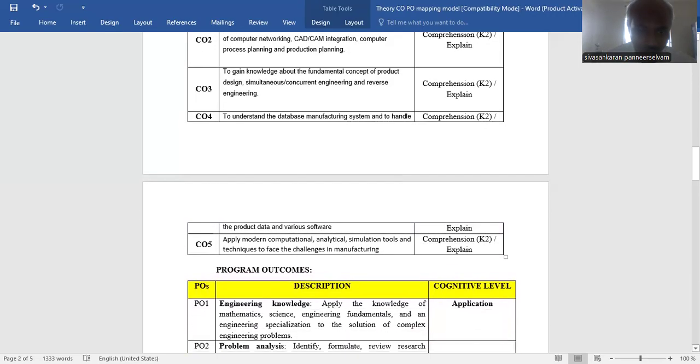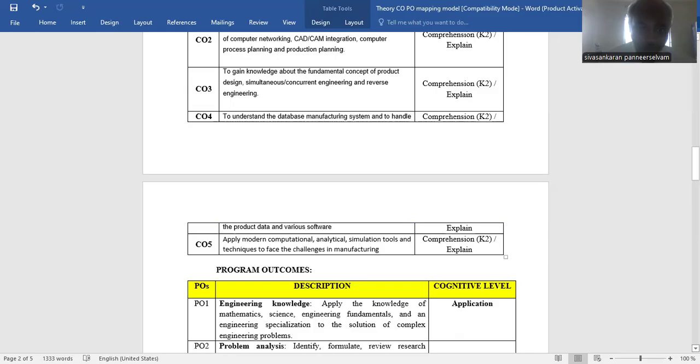And the fifth unit, CO5, applying modern technological tools like simulation and complex analytical tools, and understanding the challenges faced in manufacturing through the application of these tools and techniques. So these are the 5 course outcomes.